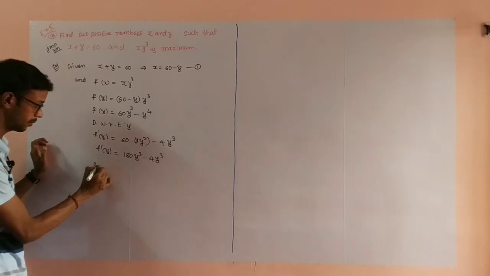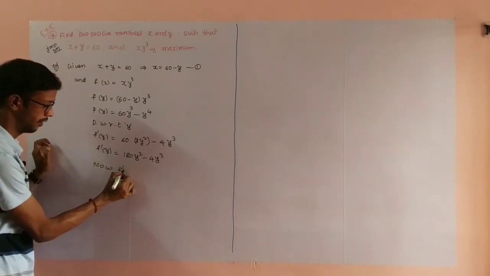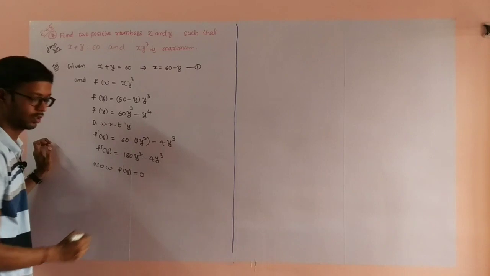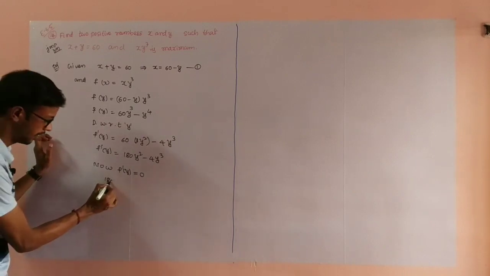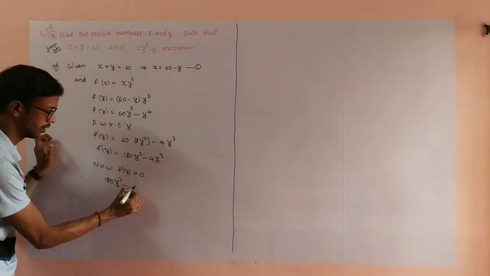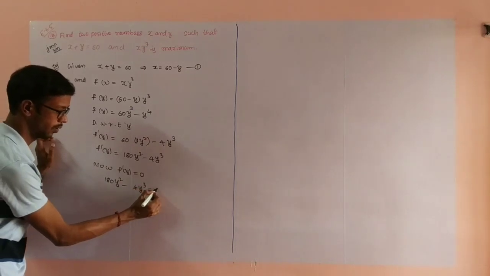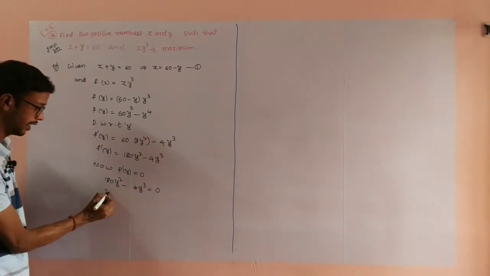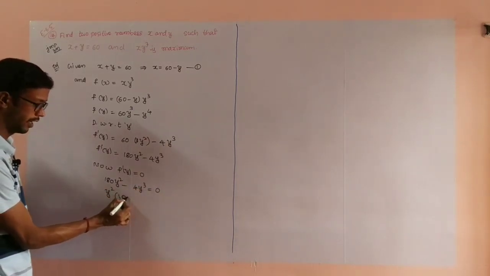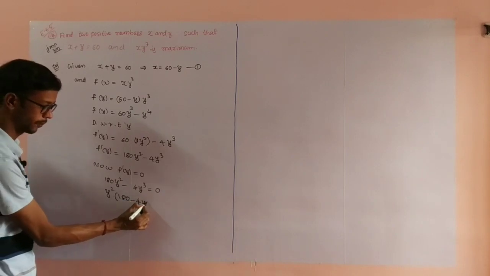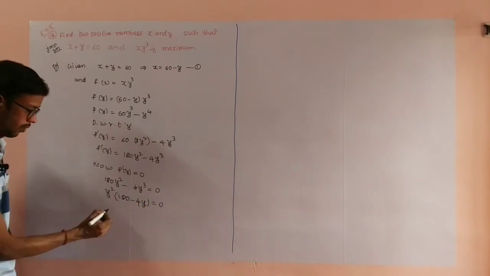Now f dash of y equal to 0. 180 y square minus 4y cube is equal to 0. Y square take common: 180 minus 4y equal to 0.